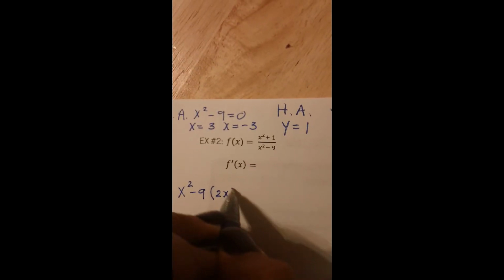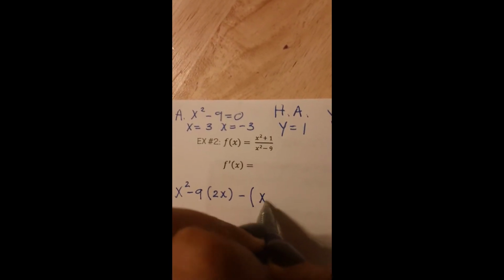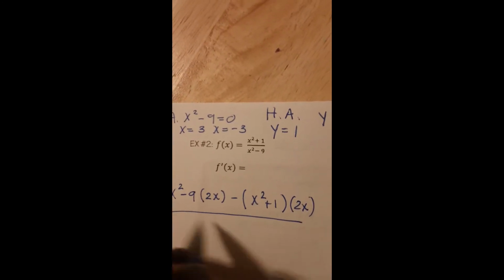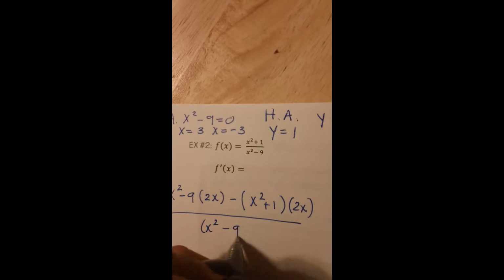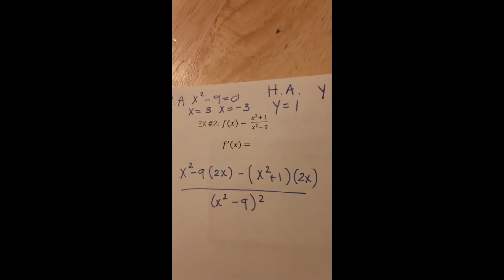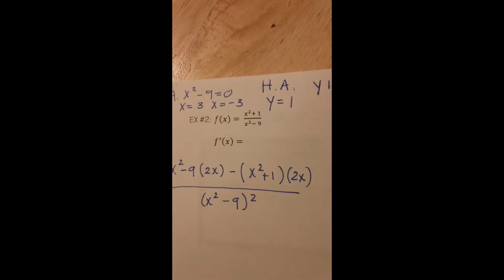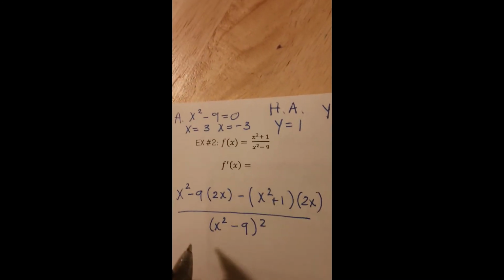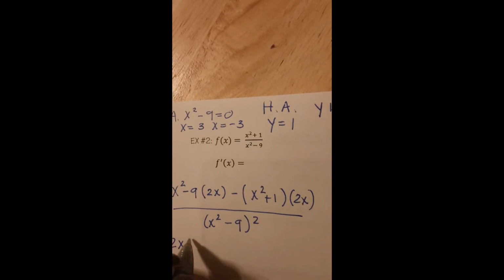Low d high minus high d low, all of it over low low. They both have a 2x in common, which we can factor out.